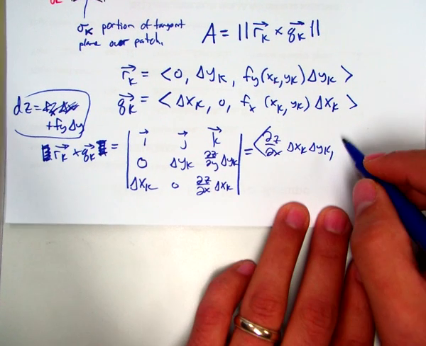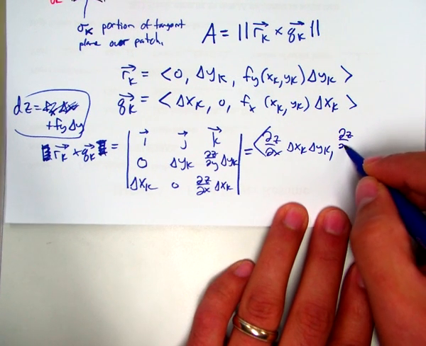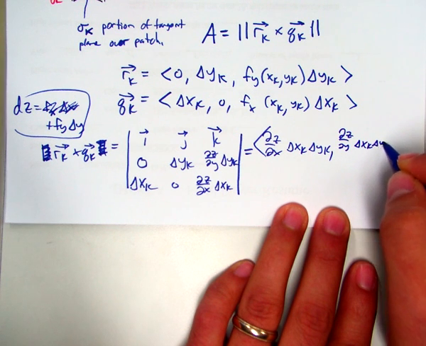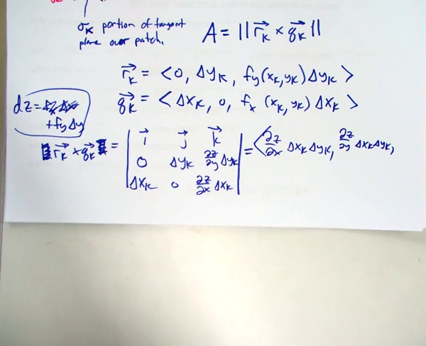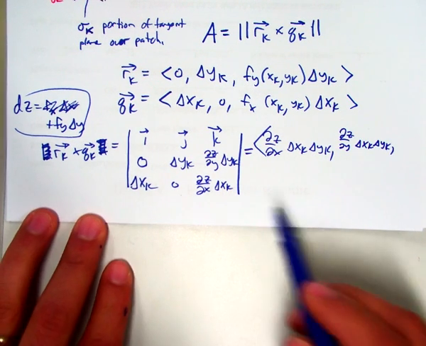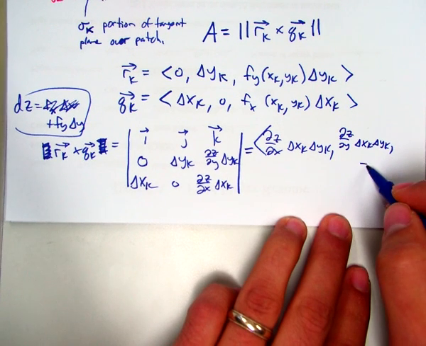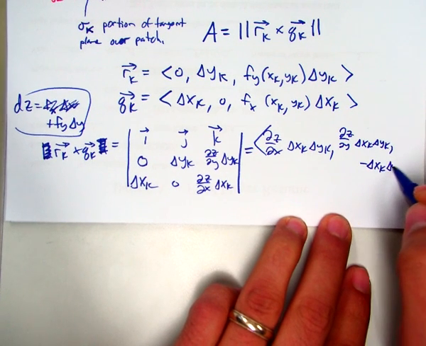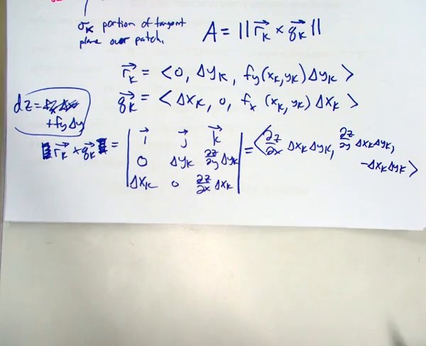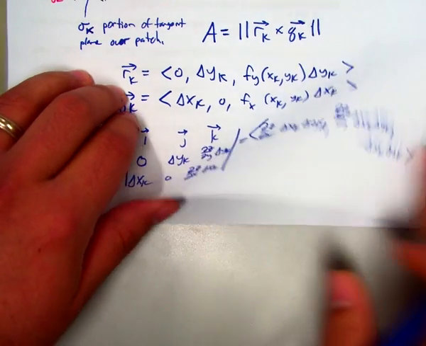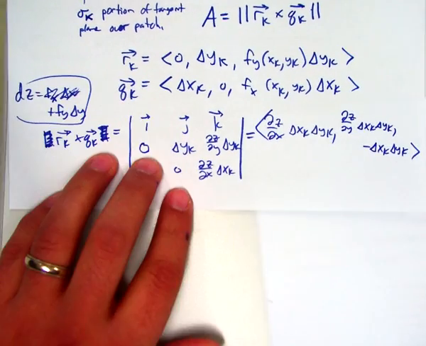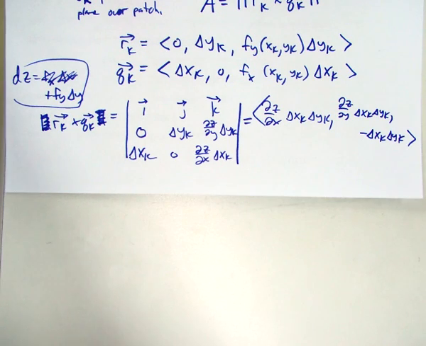So we're going to get partial z partial y, delta x sub k, delta y sub k. And now the z component, we have 0 minus delta x sub k, delta y sub k. So that's the last component of this vector. Is this simplified? Yeah.